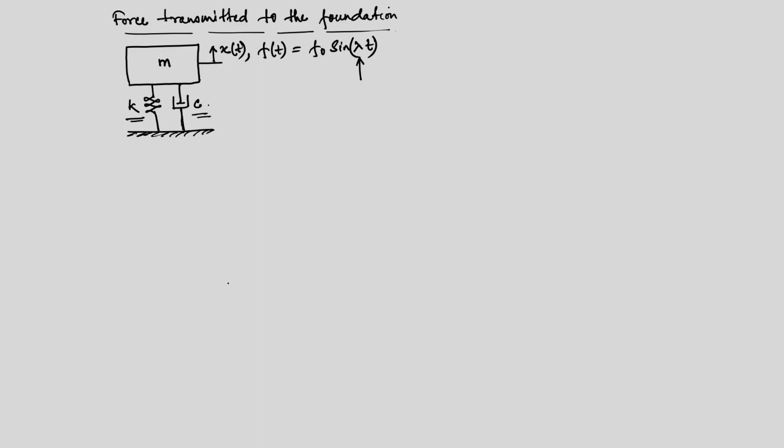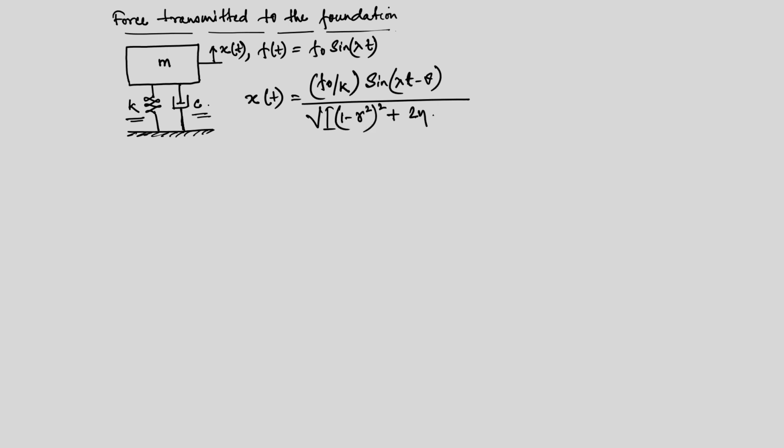Now, what is x of t? We can easily write down, it is f naught divided by k times sin of lambda t minus theta, divided by square root of 1 minus r square whole square plus twice eta r whole square.